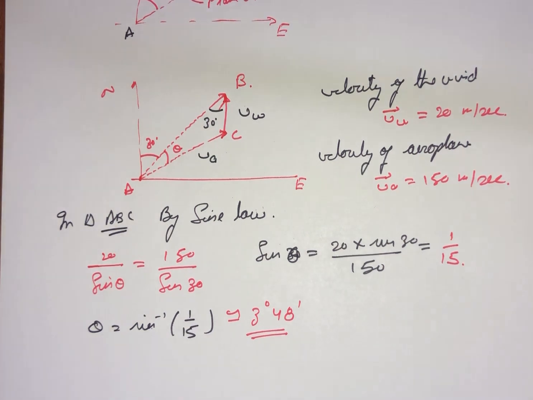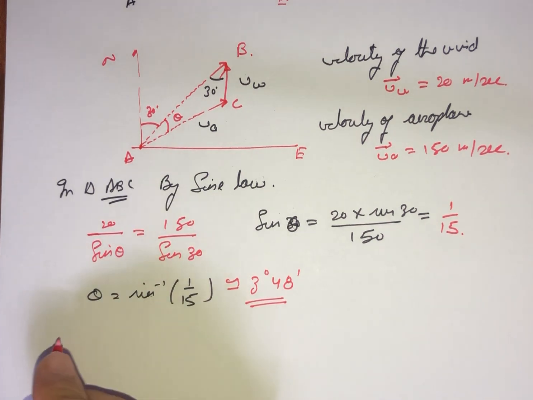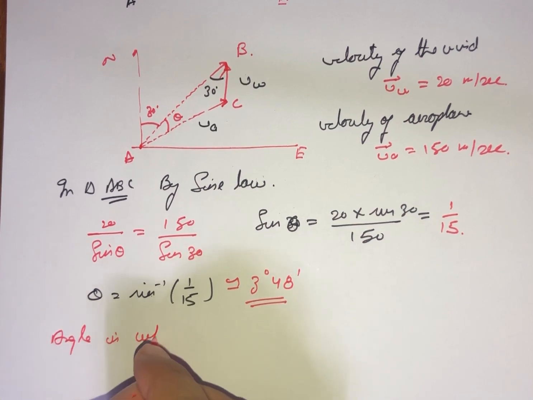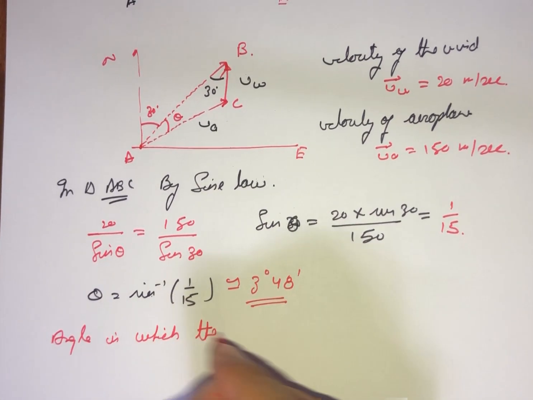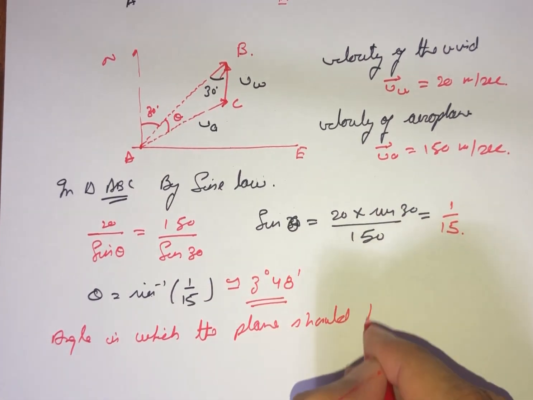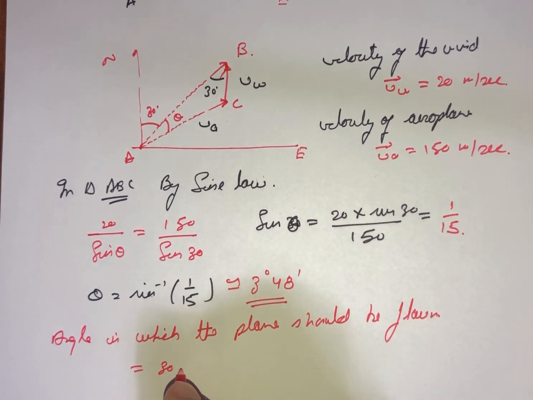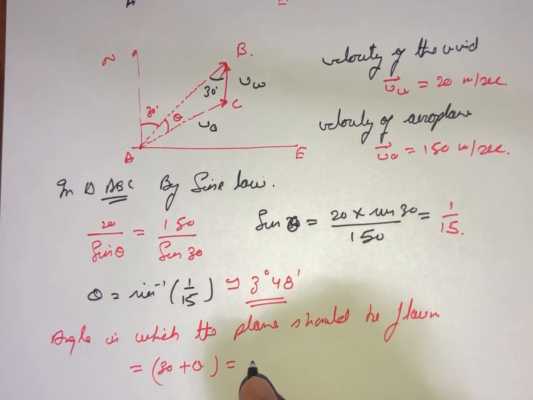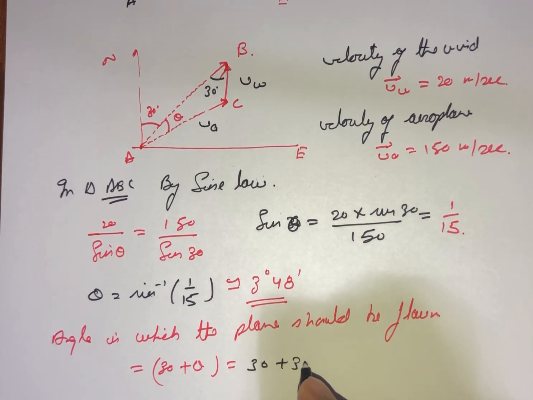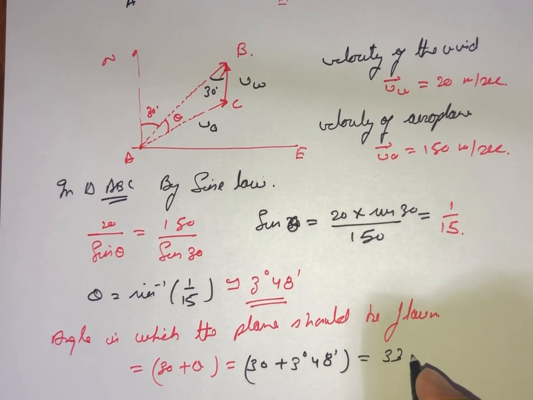So the angle in which the plane should be flown will be equal to 30 plus theta, and this will be equal to 30 plus 3.48, and this we can write as 33.48.